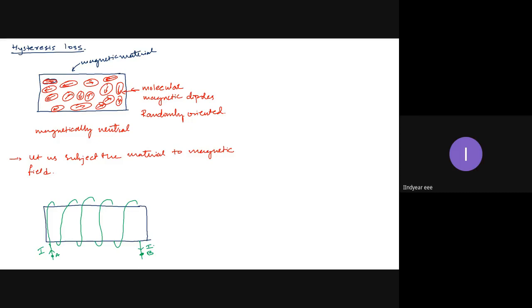As a result of this, what happens? This winding or coil will create its magnetic field. Whenever a current is carried by a conductor, it will create a magnetic field, that we know already. As a result of the magnetic field created by the coil, the molecular magnets inside the material start getting oriented in a particular direction.